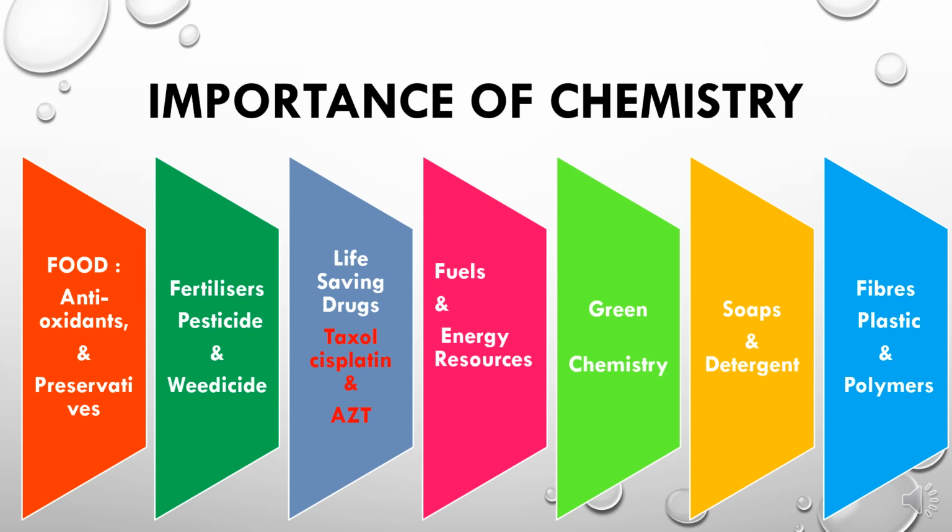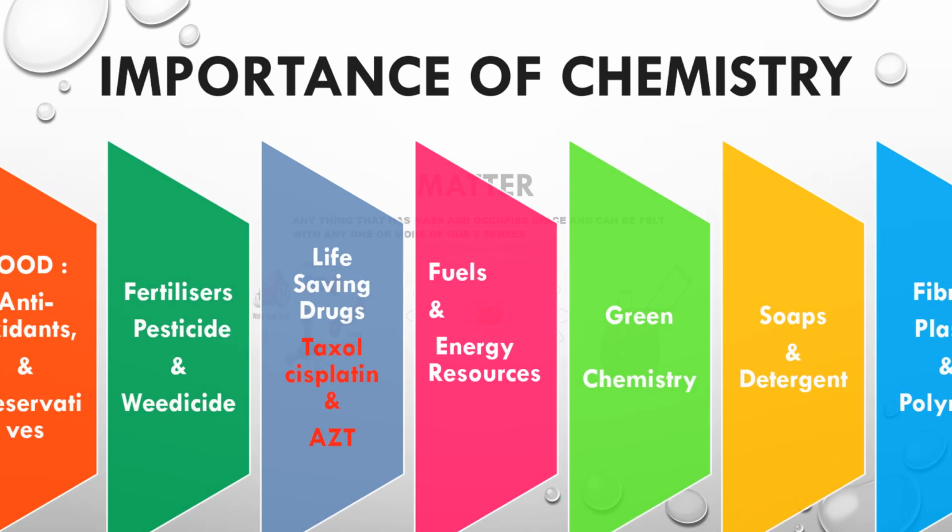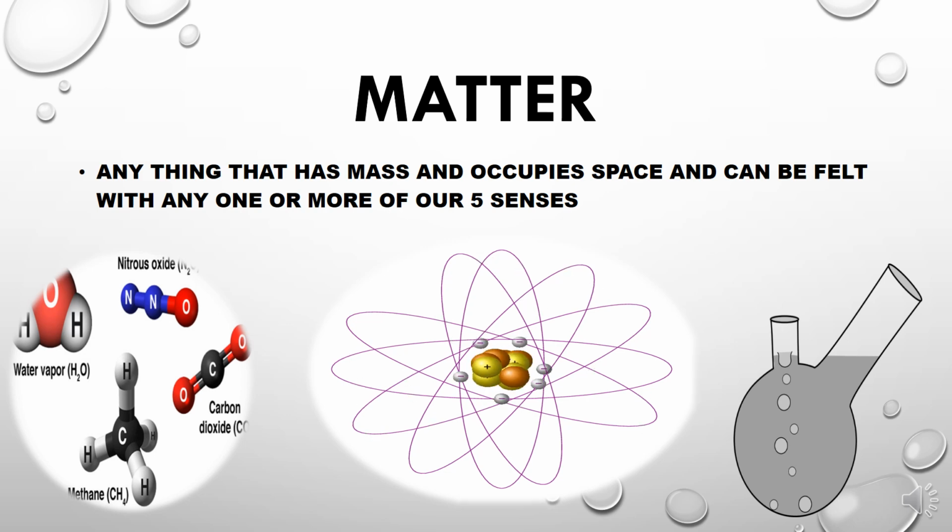Next, in our daily life, soaps and detergents that we use, and nowadays non-biodegradable detergents are also formed recently. They are synthesized in laboratories. Next, we come to clothing and daily life articles of plastics and polymers. All these fields you are well aware of, and you know that they are important for our life.